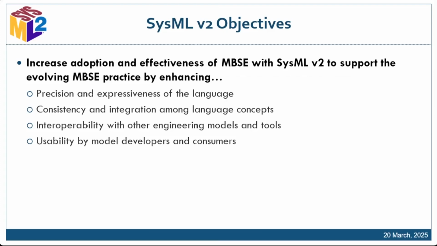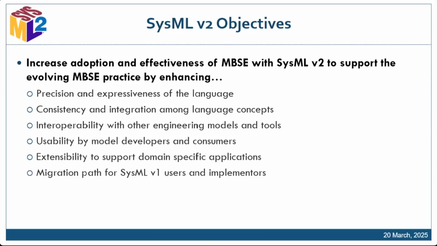It's very extensible. We had stereotypes in V1. We have a similar mechanism in V2, but it's much more robust. And the last item is it's really important that we have a migration path, which Daniel talked about earlier today. We can't throw away our V1 models. We need a place to bring them. So we've addressed that with V2, or at least attempted to address that in a major way.